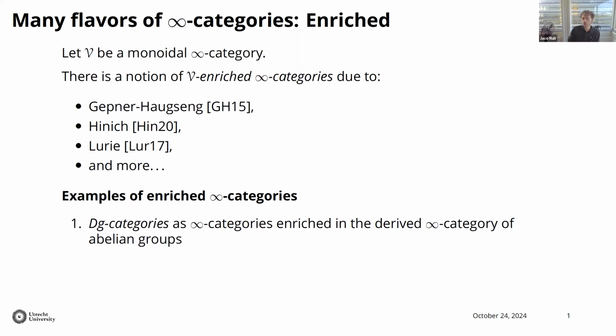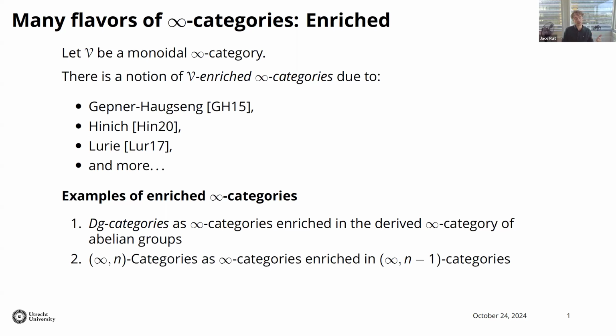So really what this example says is that there is a rectification result which associates a category enriched in the derived infinity category of abelian groups to a DG category, and this sets up an equivalence between their homotopy theories. This would be a more precise statement of example one.